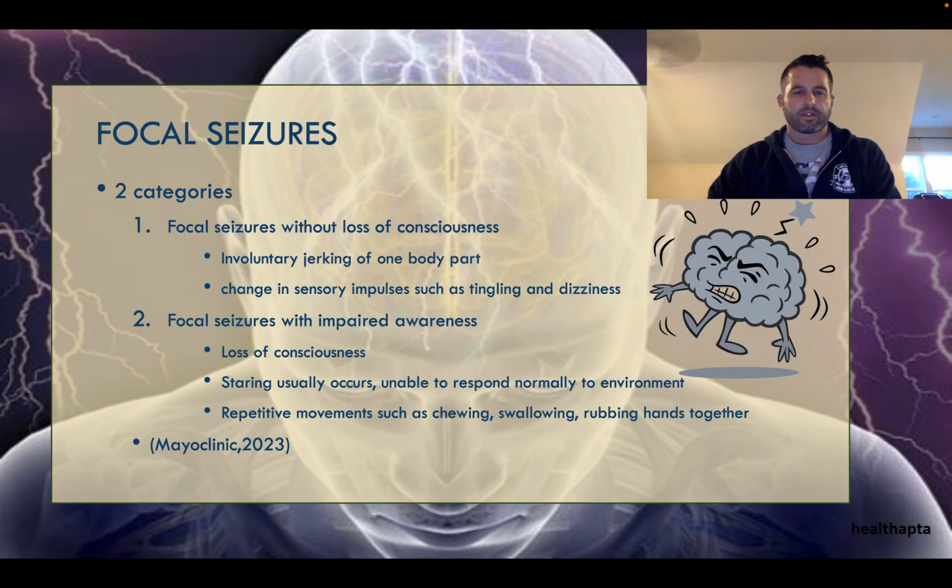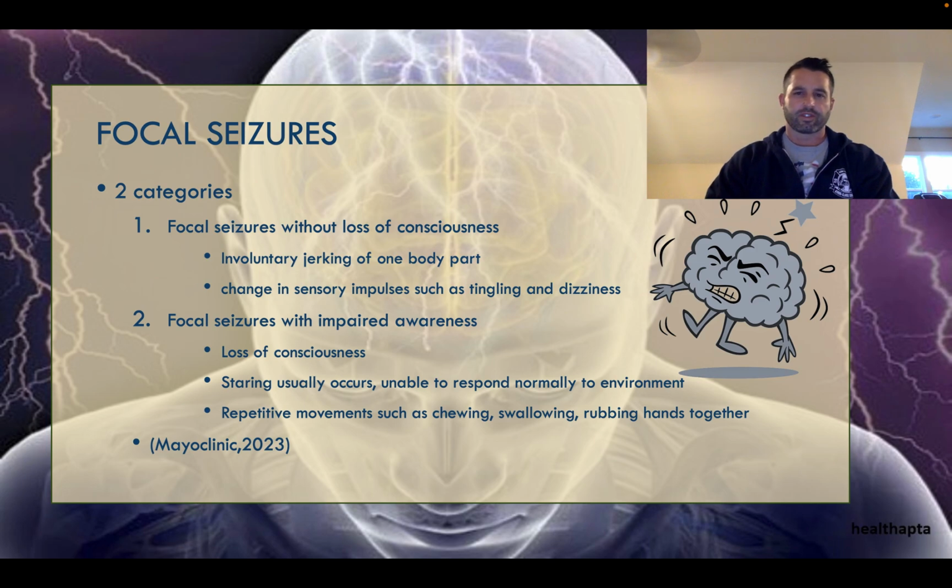So to break down the two categories, we go from seizures in epilepsy in general to focal and generalized. Focal has two categories itself. This has to do with loss of consciousness, which is a big key here, since generalized seizures are associated with loss of consciousness each time.